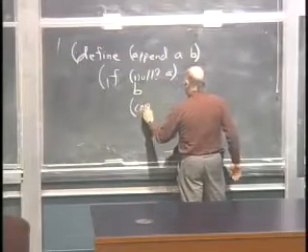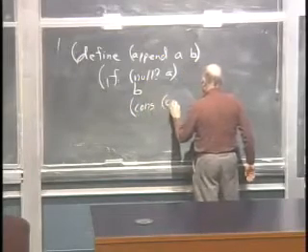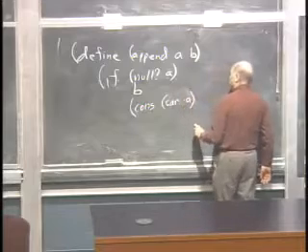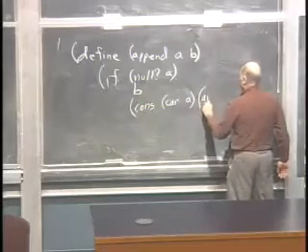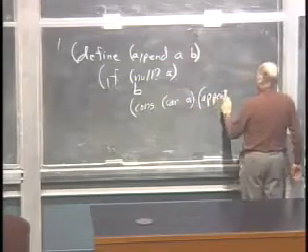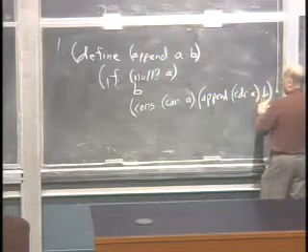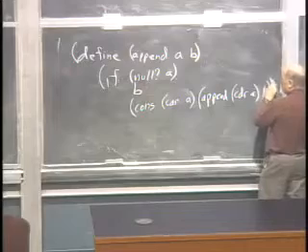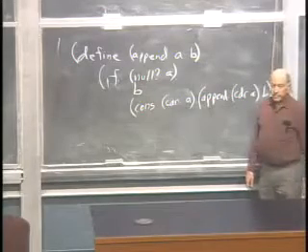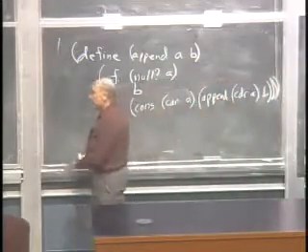Otherwise, cons car A onto append cdr A, B. Right? So that's append defined in Scheme.